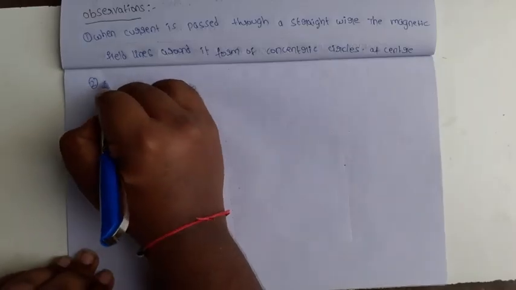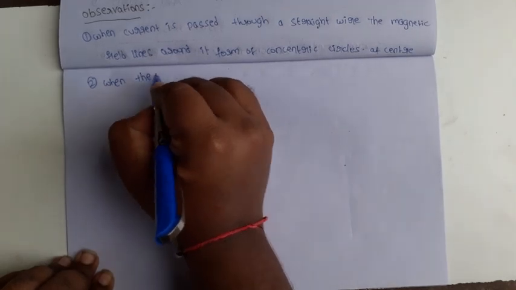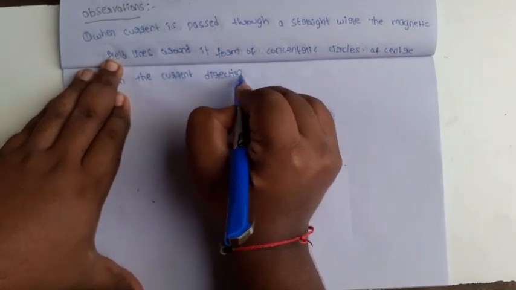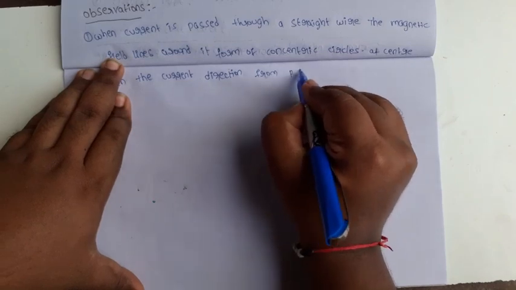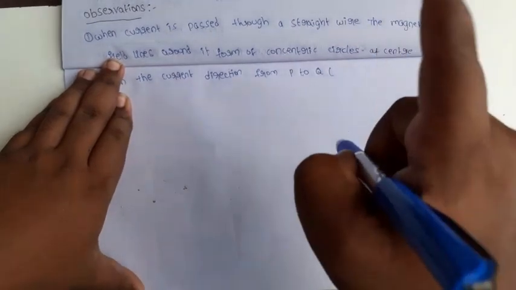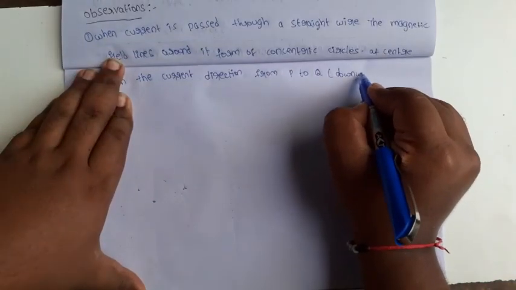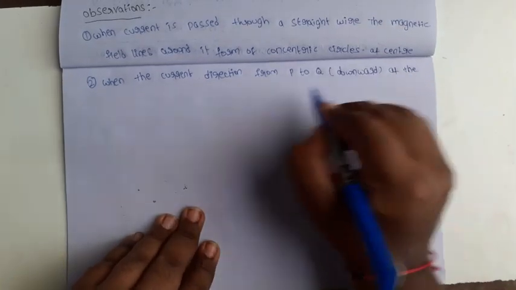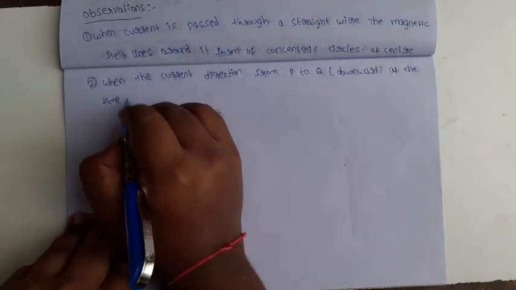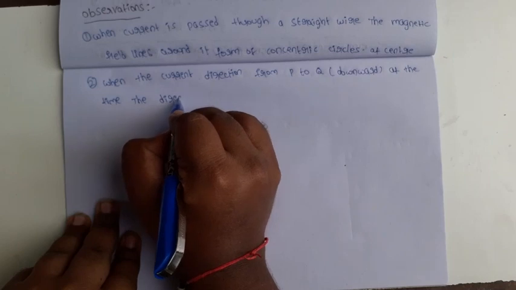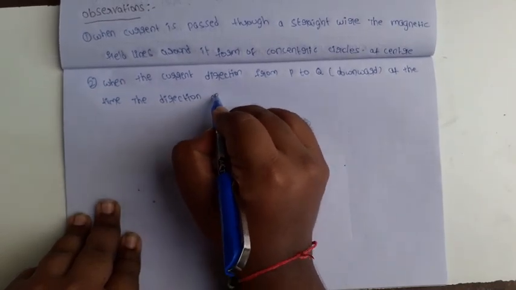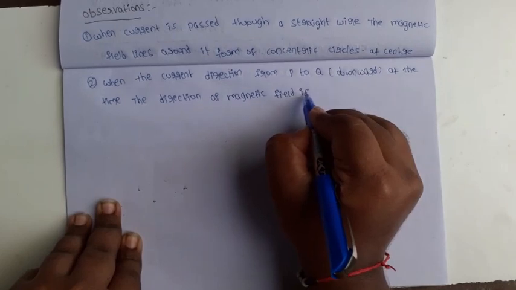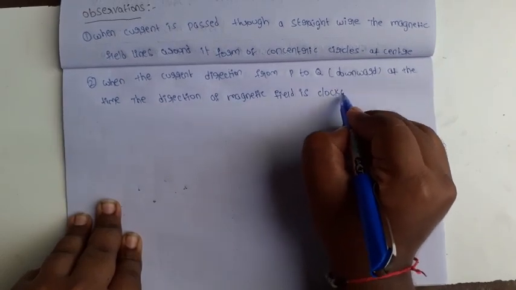Second point, when the current direction is from P to Q, P to Q means the downward direction, at that time the direction of the magnetic field is clockwise.